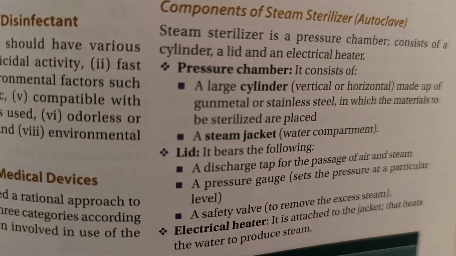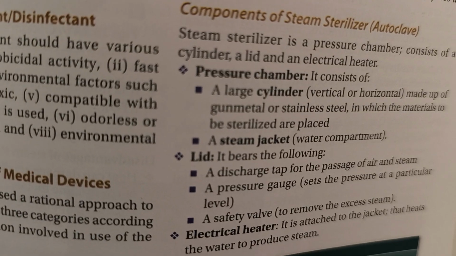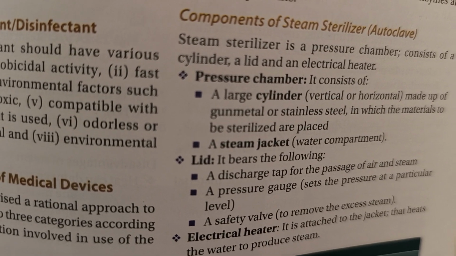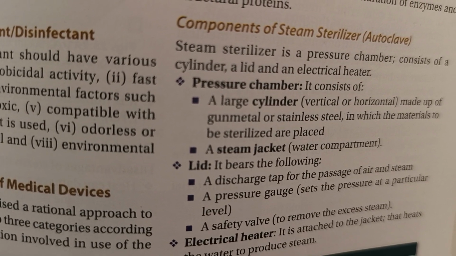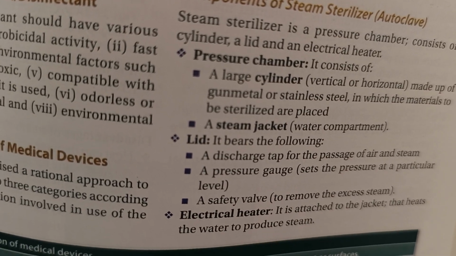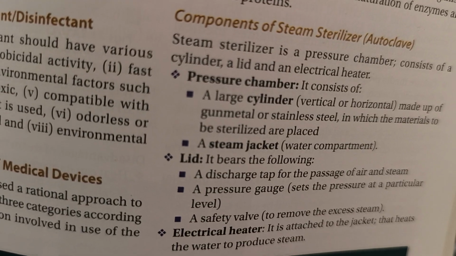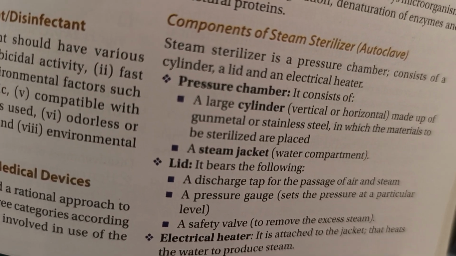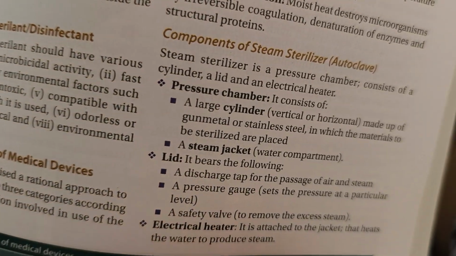A steam jacket, which is a water compartment, and a lid. It bears a discharge tap for the passage of air and steam. A pressure gauge sets the pressure at a particular level. A safety valve to remove the excess of steam, and an electrical heater attached to the jacket that heats the water to produce steam.